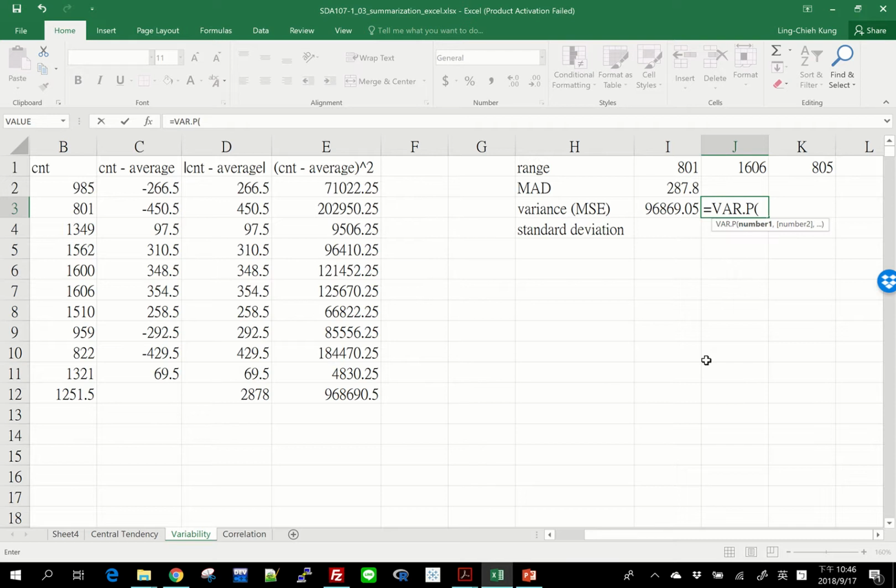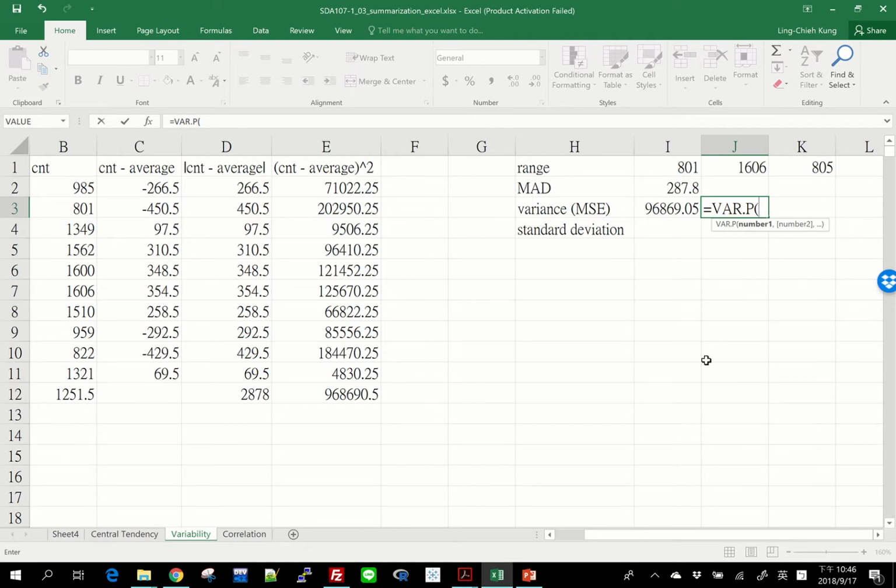If we are calculating variance with respect to population data, then we should use var.p. If we're doing that with sample data, if we are calculating sample variance, then we need to use var.s. At this moment, we are not yet going to inferential statistics, so we will just use var.p.